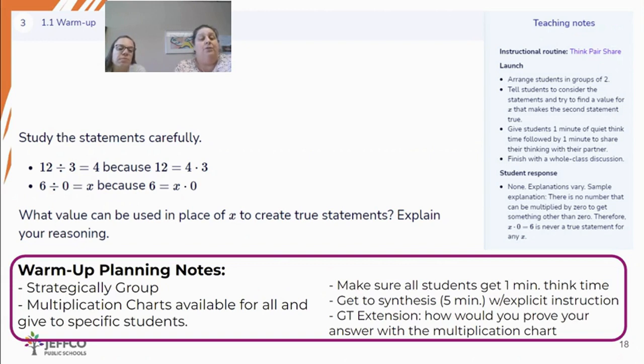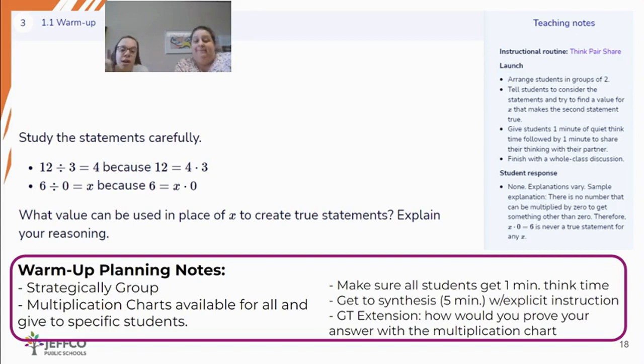So the multiplication charts, I thought, would be a really good way for students that were having difficulties to access this warm-up. And so I asked Stephanie, hey, what do you think about the multiplication charts? She said, I think it's great for those specific students for sure, and also available for everyone. Do you want to expand on that? Yes.